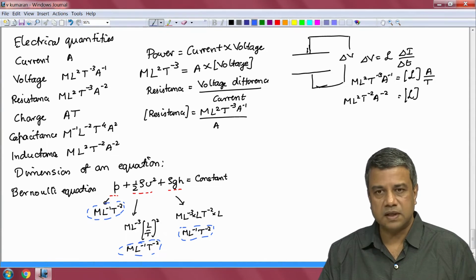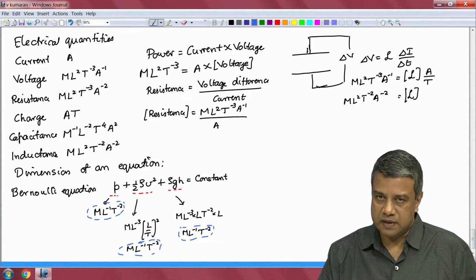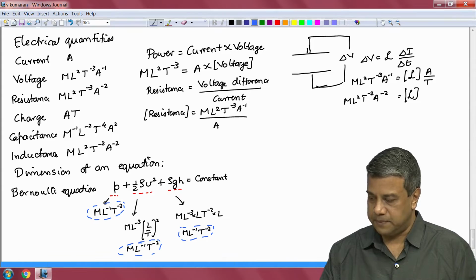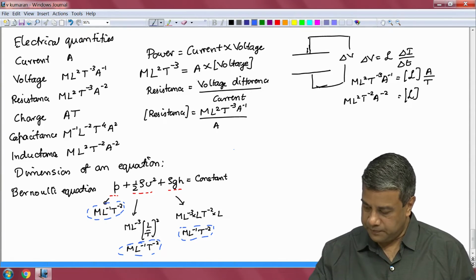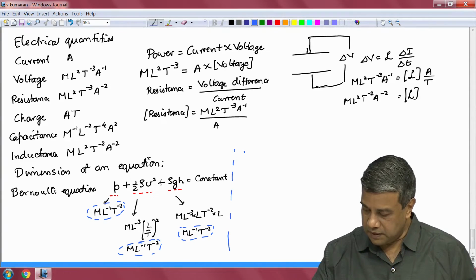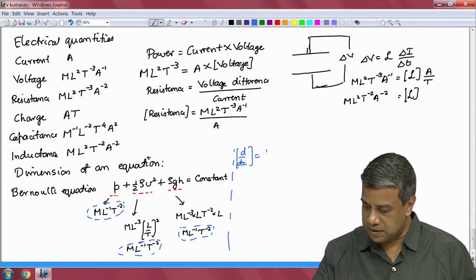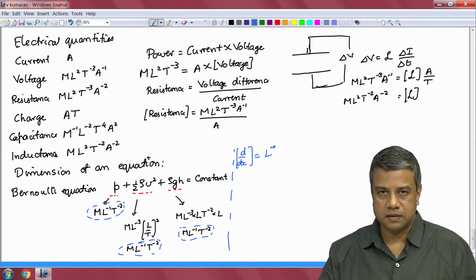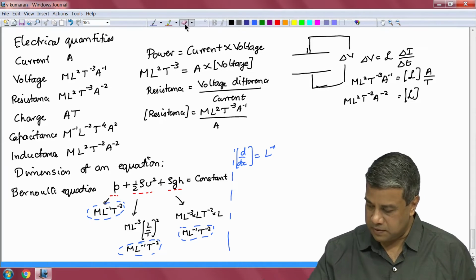And just as quantities have dimension, derivatives also have dimension. So, for example, the derivative d by dx has a dimension which is length inverse, where x is the spatial position.